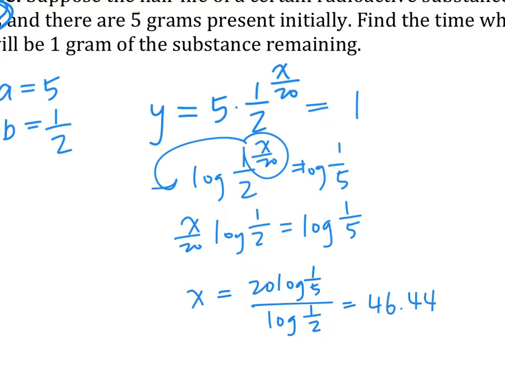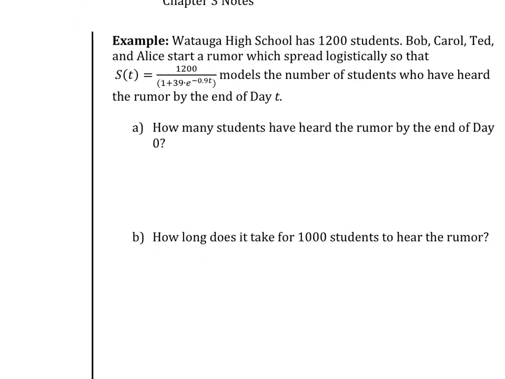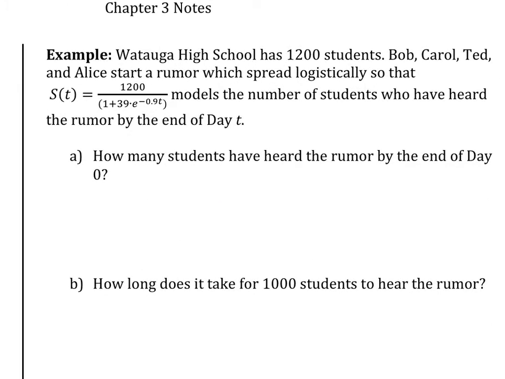Okay, last one. This is a logistic function and we had to solve. There's a high school with 1,200 students and someone started a rumor and this is spreading logistically by this function. How many students have heard the rumor by the end of day 0?